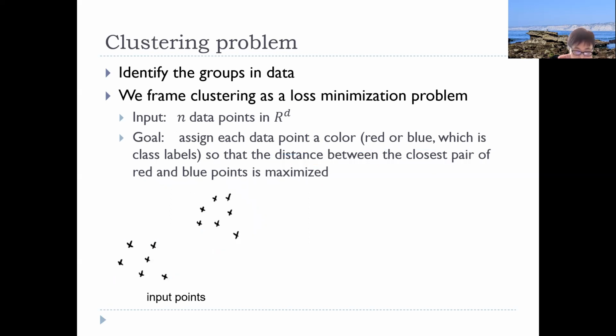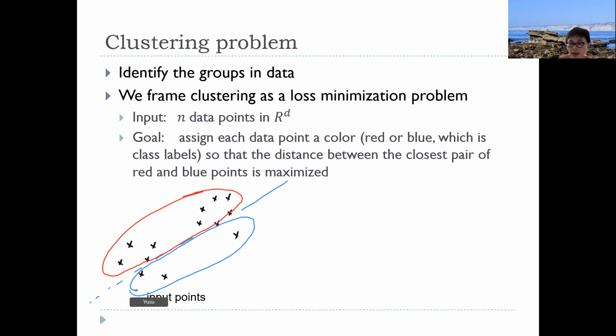But if I say everything here is red and everything here is blue, then this is a bad clustering, because in this case the separation distance would probably be between these two points. That's the closest red and blue pair, and it's very small.